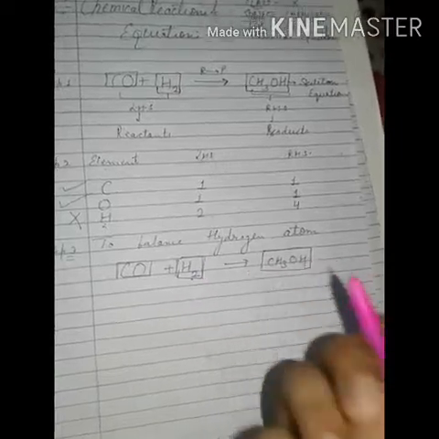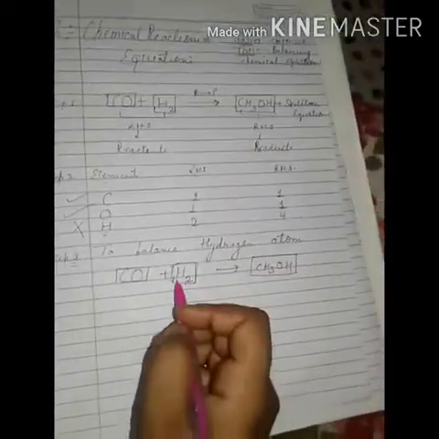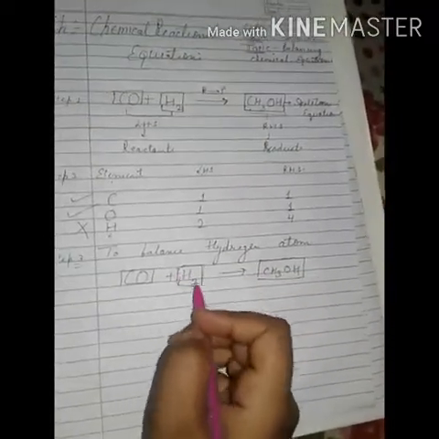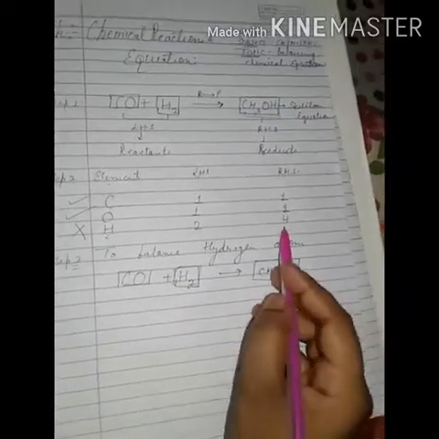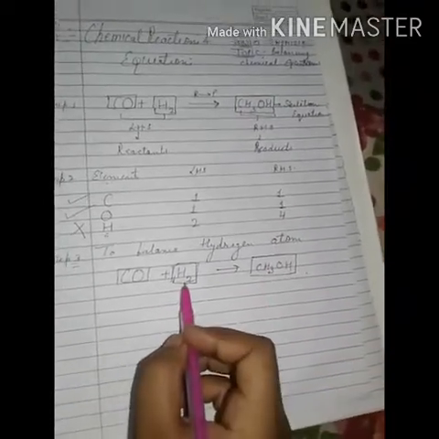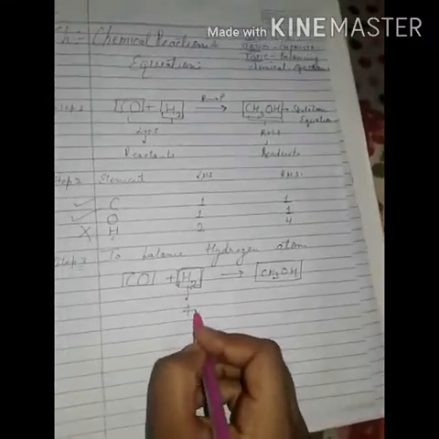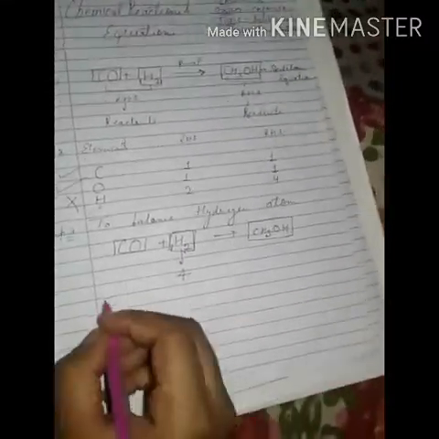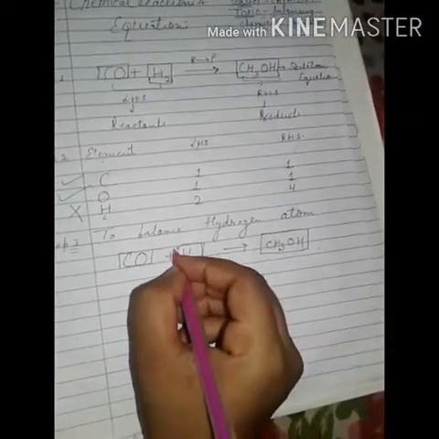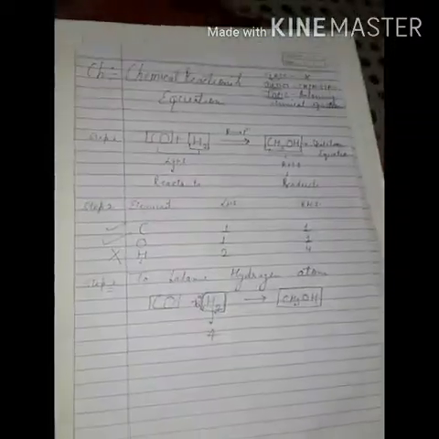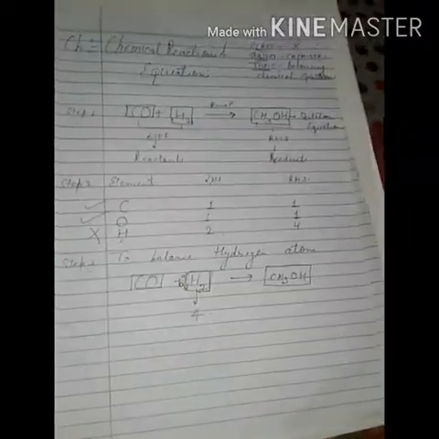The constant which I have to use to balance my hydrogen atoms will be outside my box. Here is a 4, here is a 2. So in order to make it 4 atoms, I can put 2 over here outside the box.